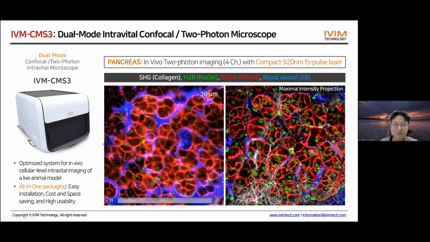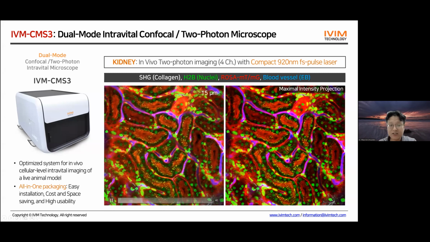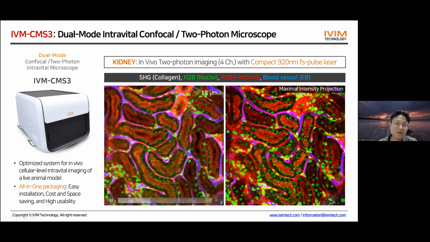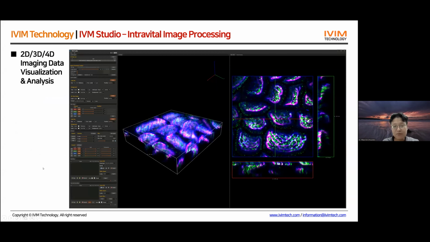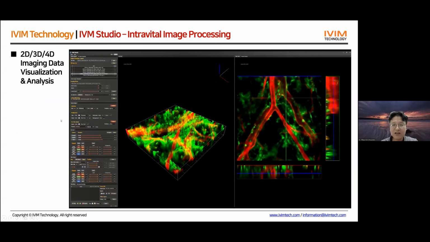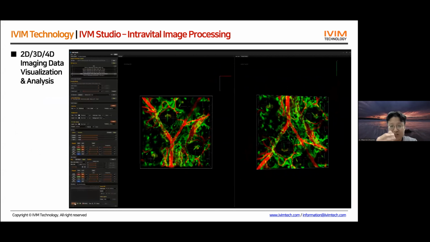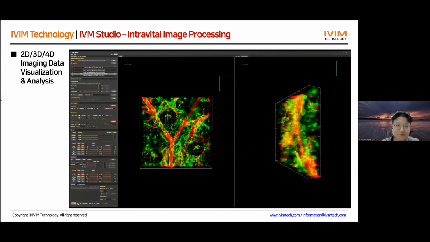Like this is data from the pancreas. This is another example obtained from the kidney. We can nicely distinguish the individual tubules in the kidney by using our two-photon microscope. All this data can be visualized in 3D and also in 4D. This is 3D data obtained at different time points, and then we can generate this 4D data set.